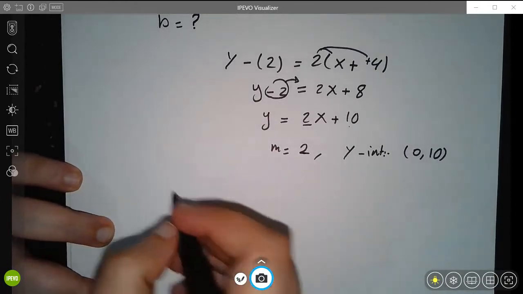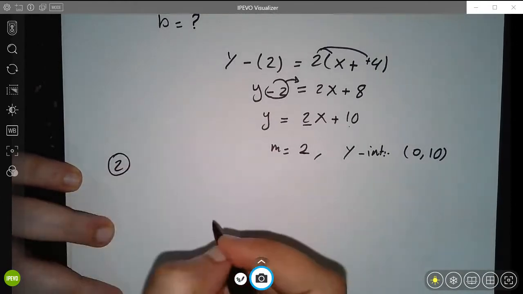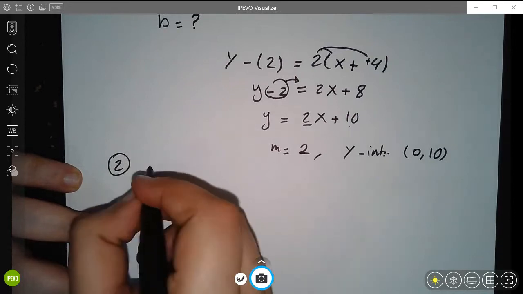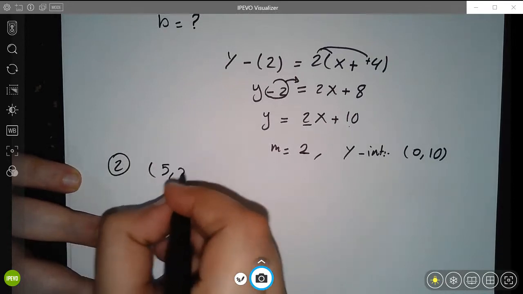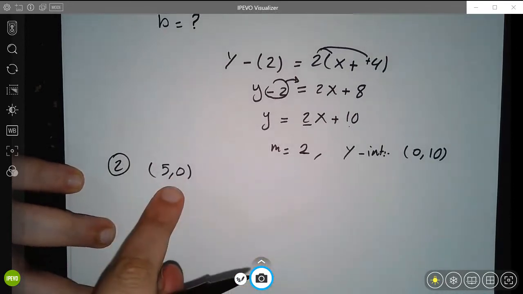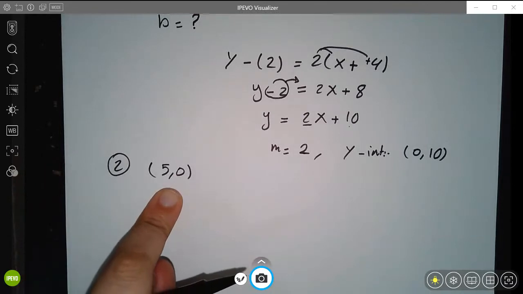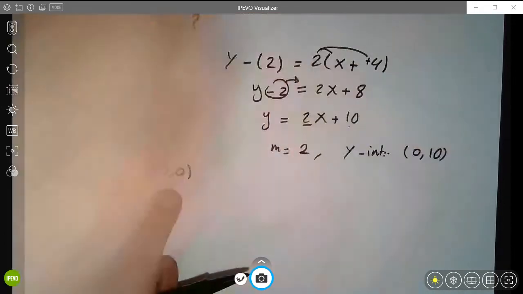Okay, so now let's do another example. How about this one? This is number 2 in the notes. The point the question gives you is (5, 0), which is what? What is this point to the function? Can you guys tell me? Hint: it looks like that one.